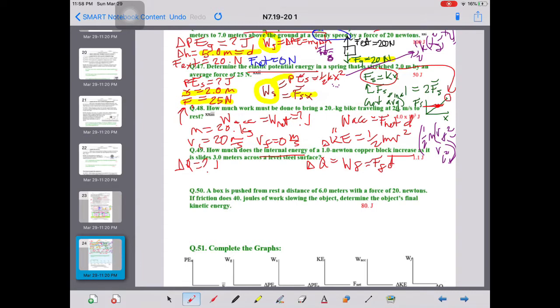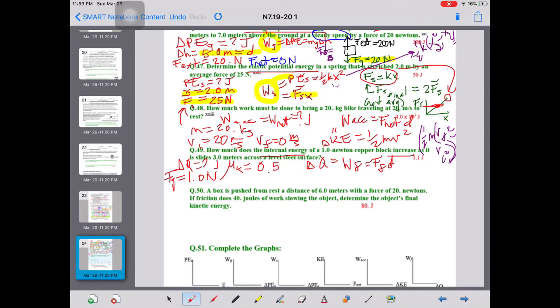Ooh, this is a slippery one, isn't it? Rough but slippery. Okay. A 1 newton copper block, that's Fg, is 1 newton. Little throwback here. It's copper on steel. Oh, oddly particular. It's sliding, so you get the kinetic coefficient of friction. I hope my memory serves me.